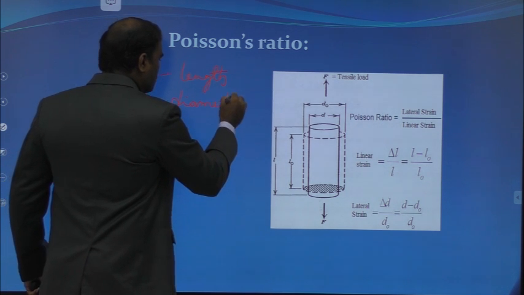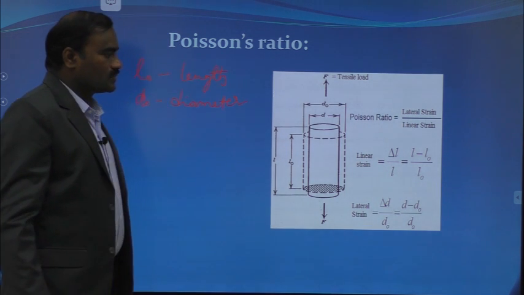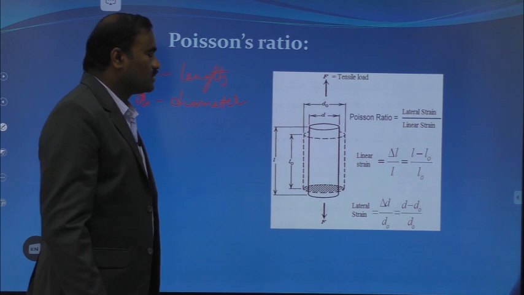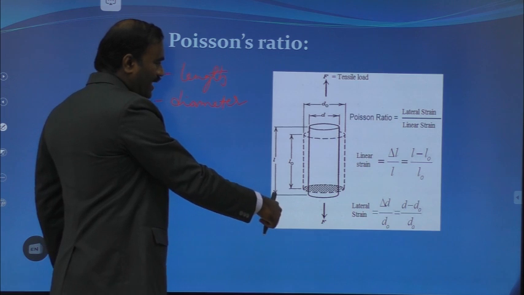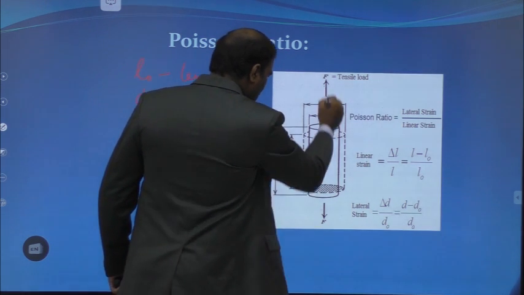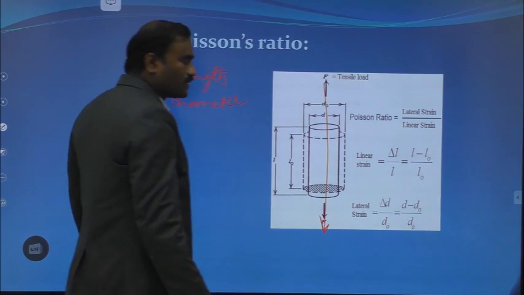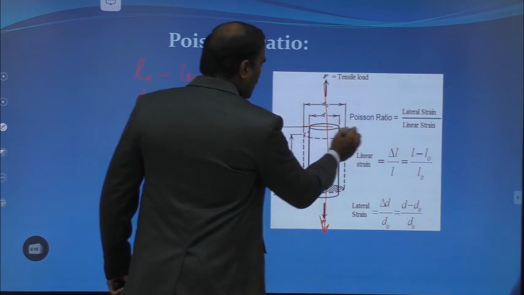We have two types of strains. One strain is along the axis, and another one is perpendicular to the axis.